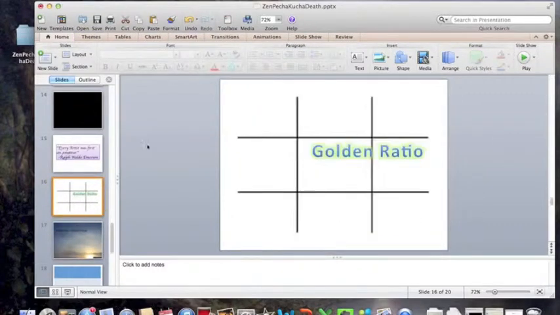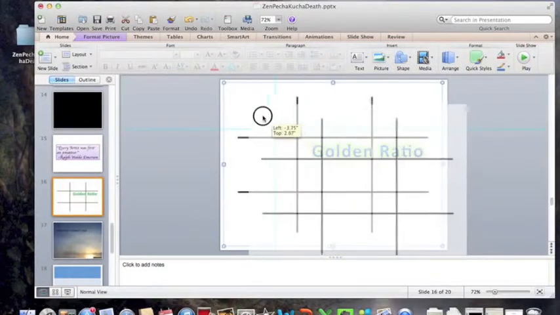Using that golden ratio, not golden rule, where you're sort of blocking this off into thirds and trying to line things up along these lines. You don't have to do it for every slide, but as a general rule, you want to take the viewer's eye. We generally read from left to right, which means you're going to be presenting over here on the left if you're stuck behind a podium. But we go from left to right, and that's generally a way to take the viewer's eye over across here.